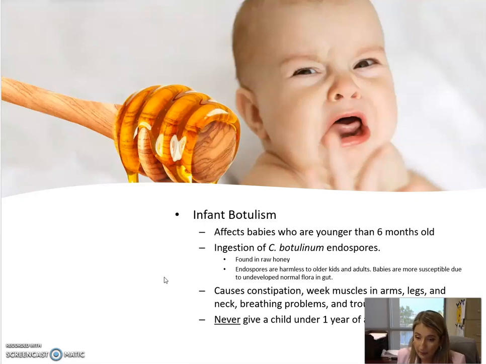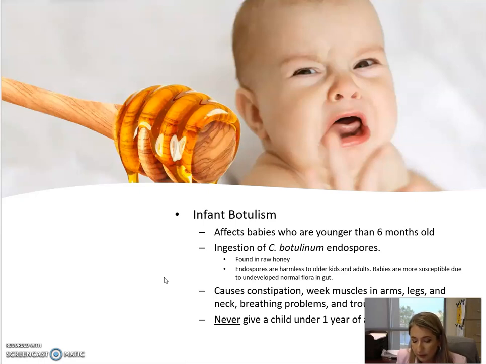And if that would happen, they can get something called infant botulism, which is basically just botulism in a baby. It would present itself with a weak sucking ability. They would have potential breathing problems. They would develop something called floppy baby syndrome, where they lose the muscle rigor in things like their arms and legs and back.